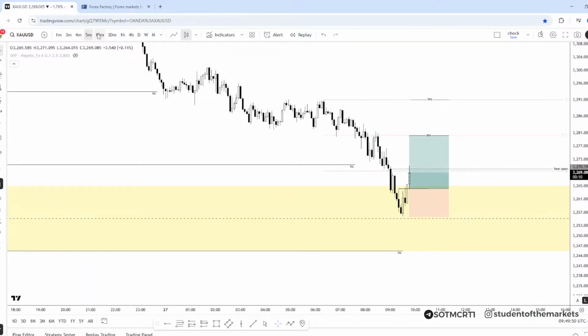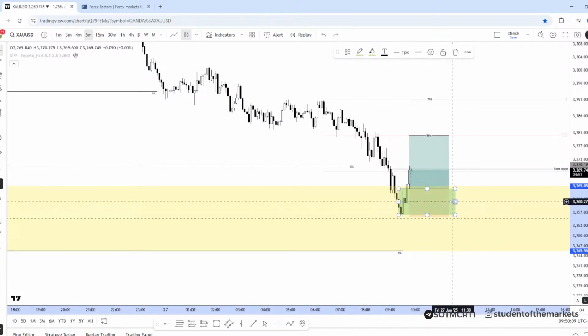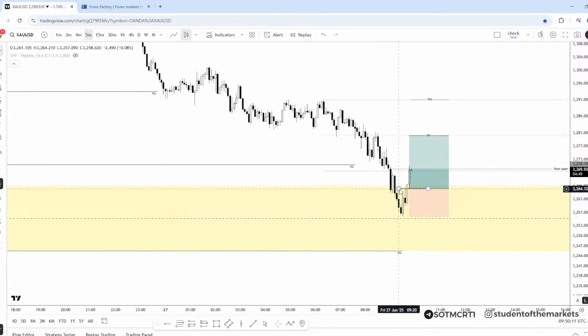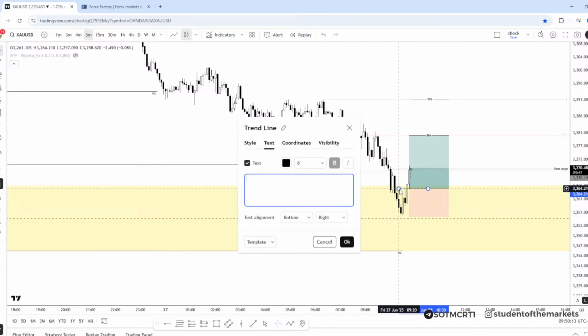Now you can take these two candles on the 5-minute time frame right here as an order block, because whenever there are two candles, you take it as an order block. OB top.